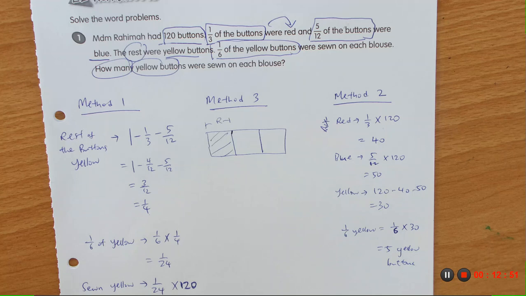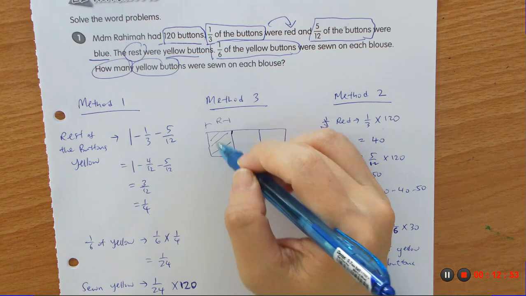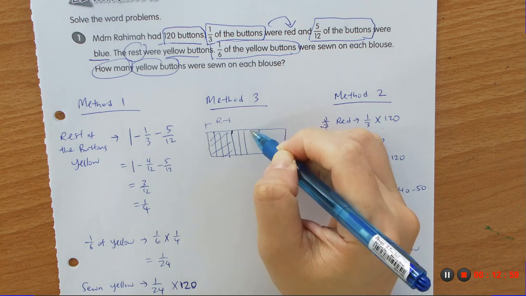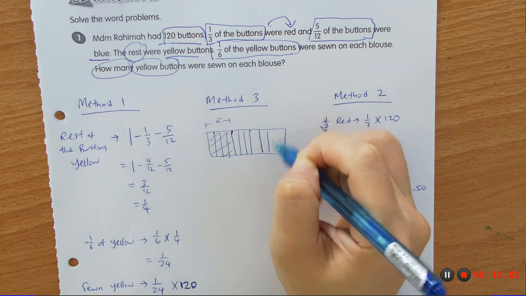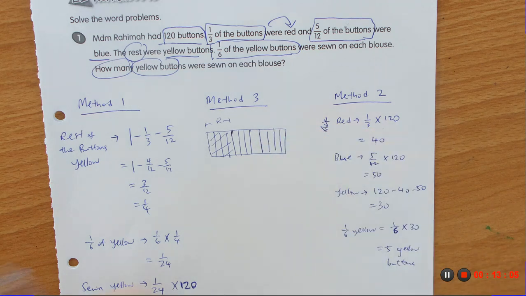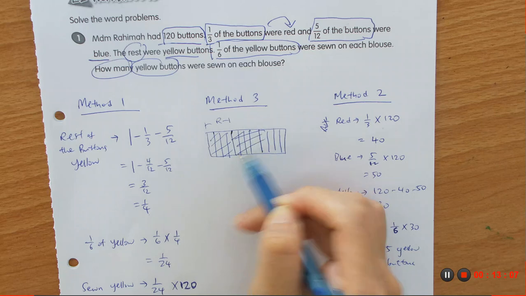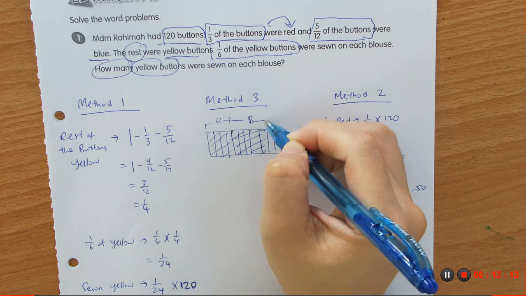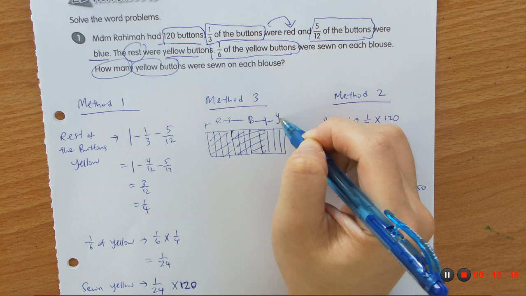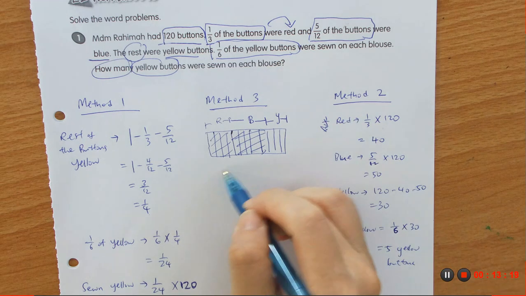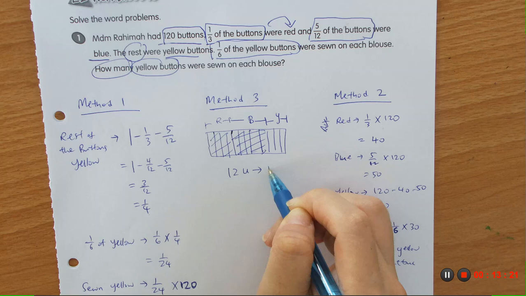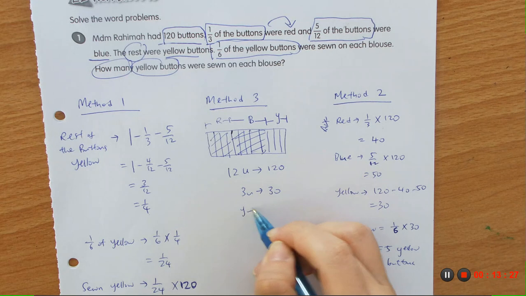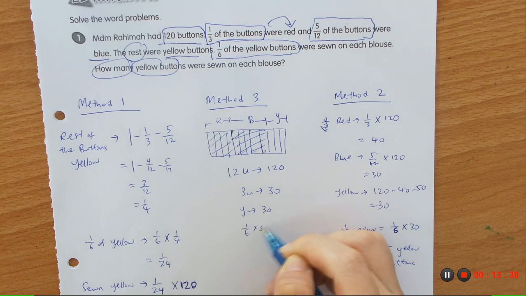But then, not just cut into thirds, I cut into 12s. 5/12, so this whole thing is blue. Left 3 units yellow. So 12 units is 120. 3 units is 30. Yellow is 30. 1/6 times 30, answer 5.